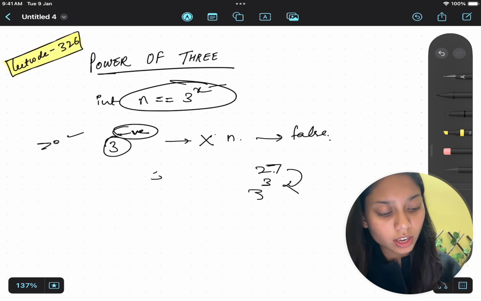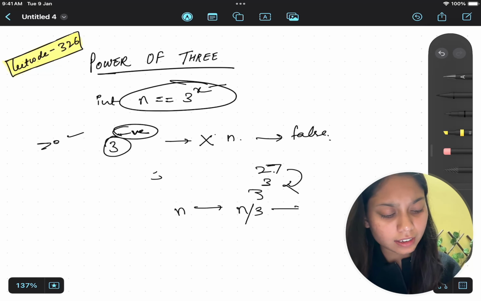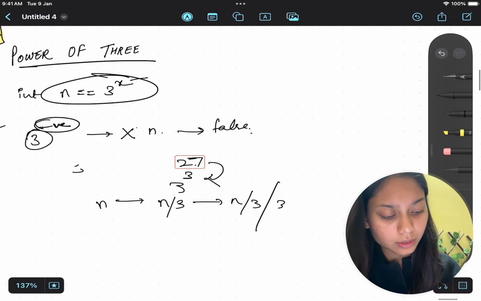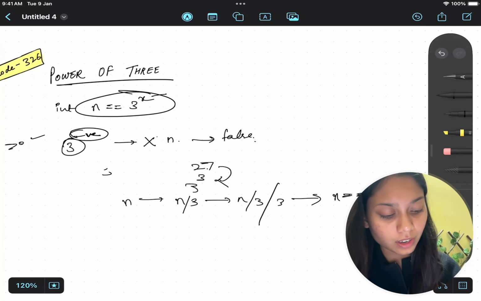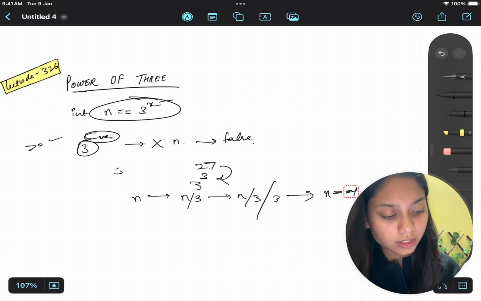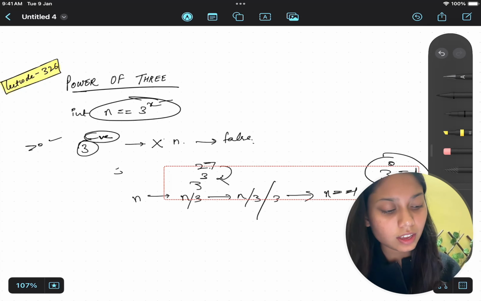So for any number n, we can keep on dividing it by 3, and then again by 3, so that we eventually reach n equal to 1. And hence 3 raised to 0 is 1. So 1 can also be represented as 3 raised to the 0th power.